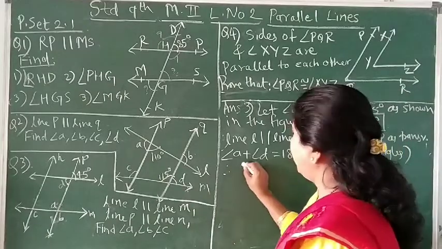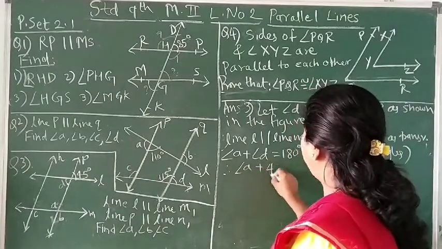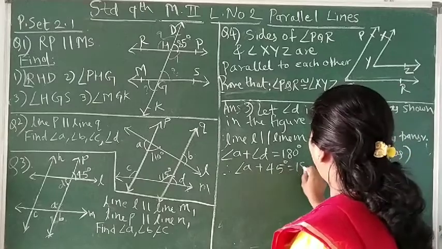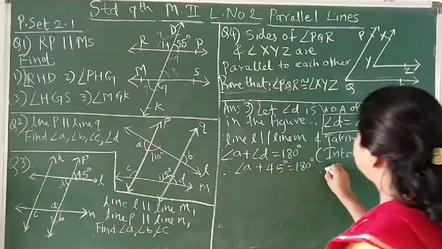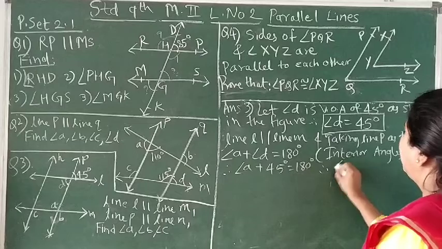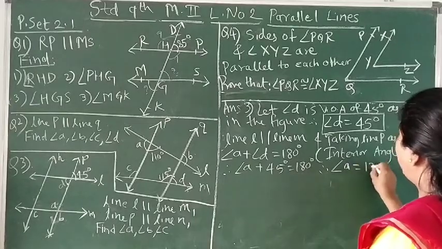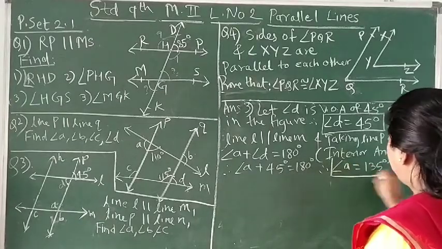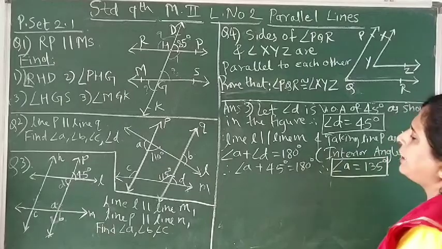Therefore angle A plus 45 degrees is equal to 180 degrees, and if you subtract 45 from 180, you get angle A equal to 135 degrees. So this is the answer of angle A.